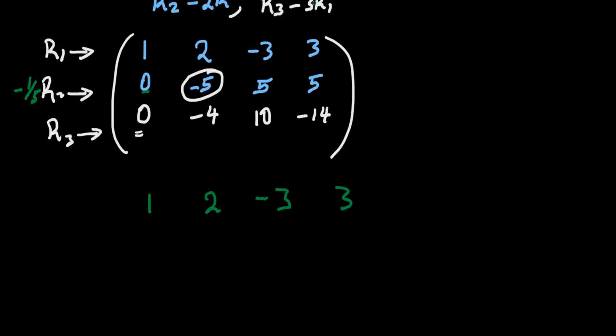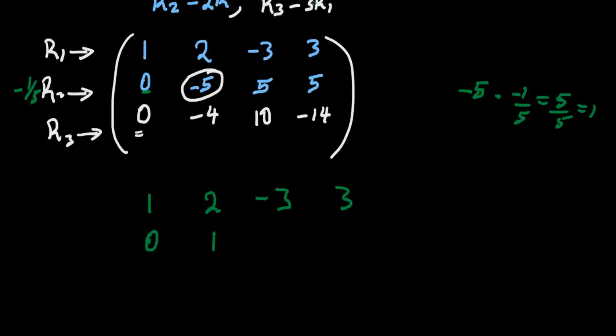So 0 times negative 1 over 5 would give us 0. Then negative 5 times negative 1 over 5. Negative 5 times negative 1 fifth. You know, negative 5 times negative 1 is positive 5 over 5, and that will give us 1. So this will just give us 1.